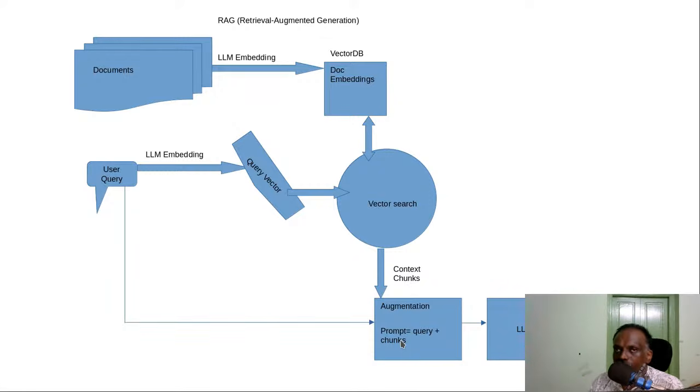In some use cases, we have to ask the LLM to use only the context information to give the answer. In some cases, if the context information is not enough, we can allow it to use its trained data. That kind of instruction we have to frame in the system prompt. That's the actual augmentation. But fundamentally, it is like including the query and relevant chunks.